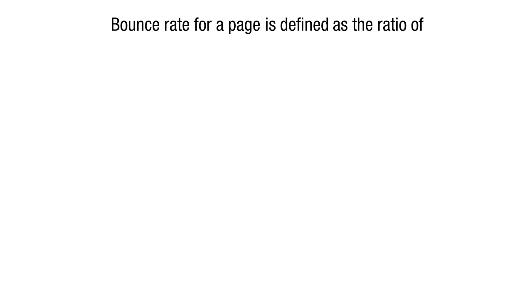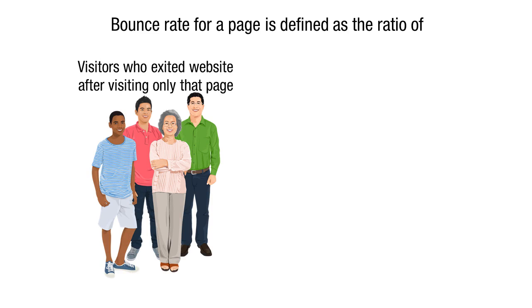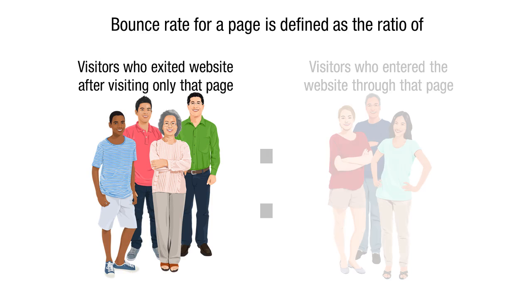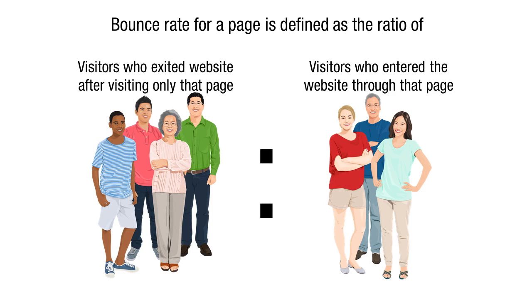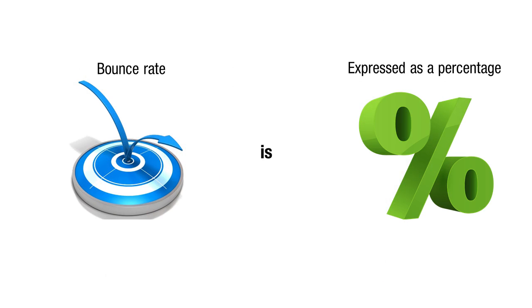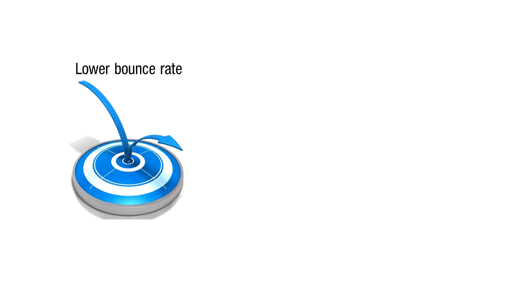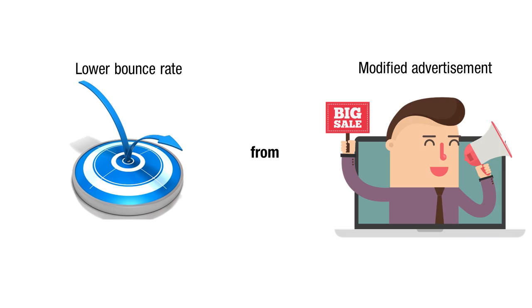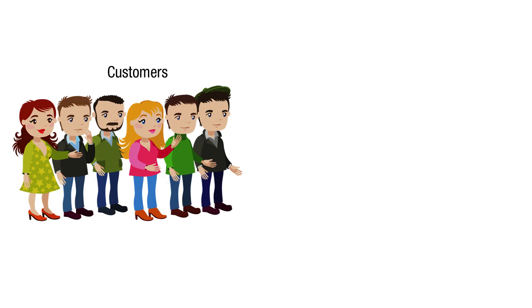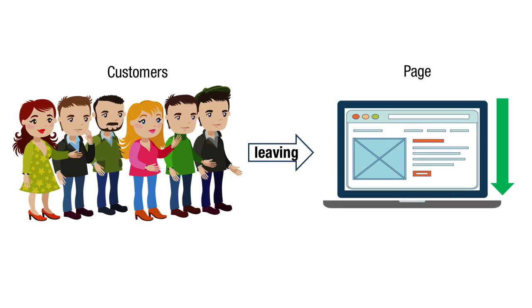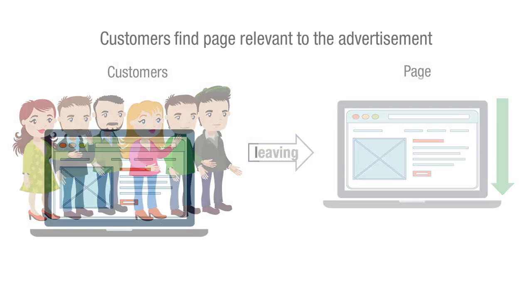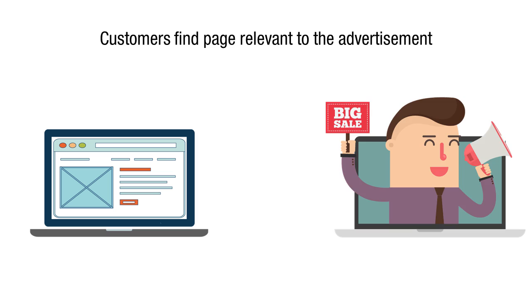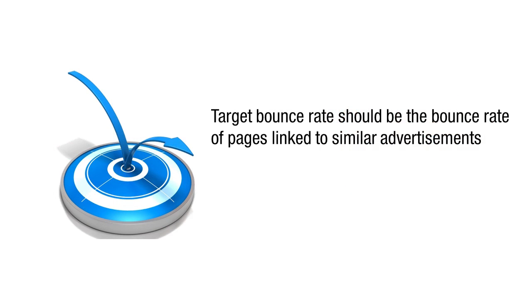The bounce rate for a page is defined as the ratio of the number of visitors who left a website after visiting only that page to the number of visitors who entered the website through that page, expressed as a percentage. A lower bounce rate from a modified advertisement would indicate that customers were leaving the page less often, possibly because they were finding the page relevant to the advertisement. The target bounce rate should be the bounce rate of pages linked to similar advertisements.